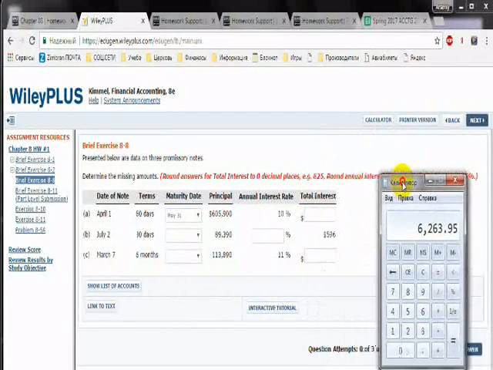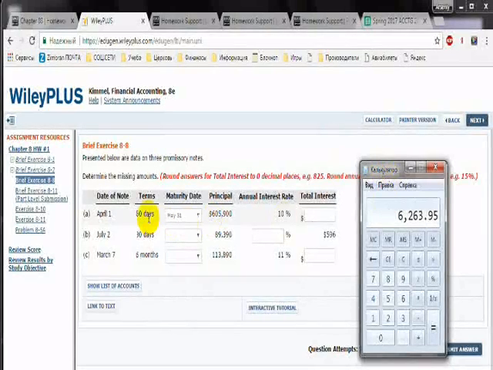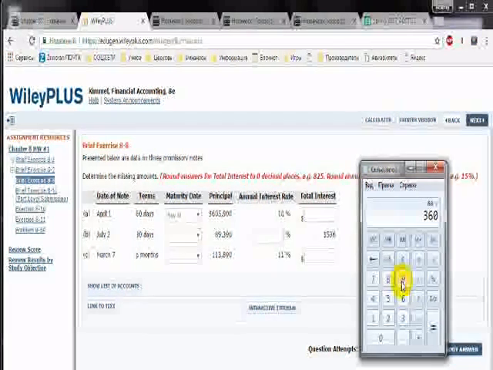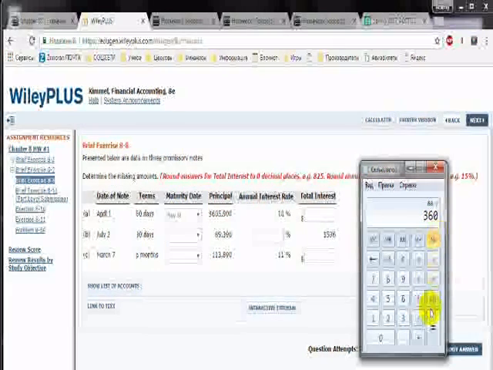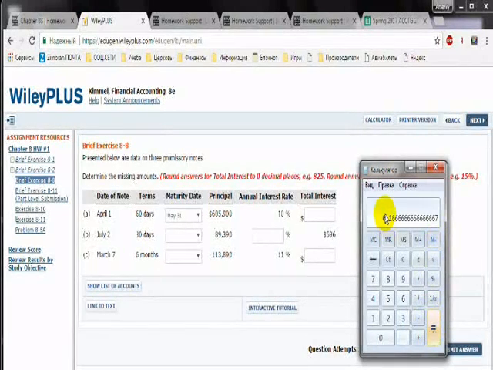So what happens here with numbers? We need to count 60 days out of a year. How do you do that? 60 days divided by 360. In the textbook we are told to simplify, not to divide by 365 days in a year, but by 360. Probably there are some 5 holidays in a year, I don't know. This is the portion of the year we will be working with.